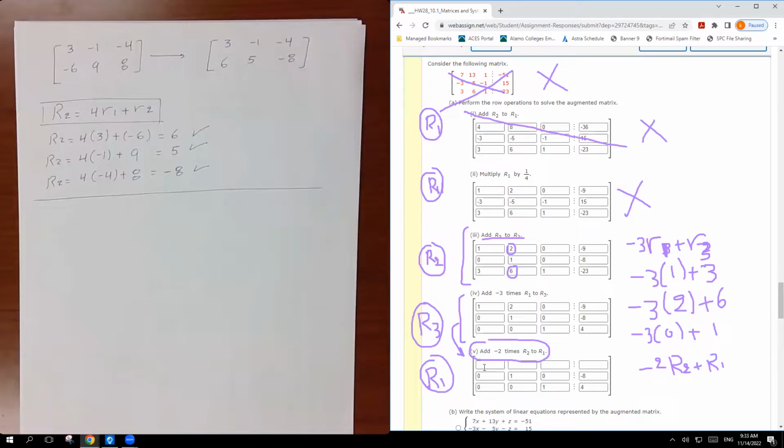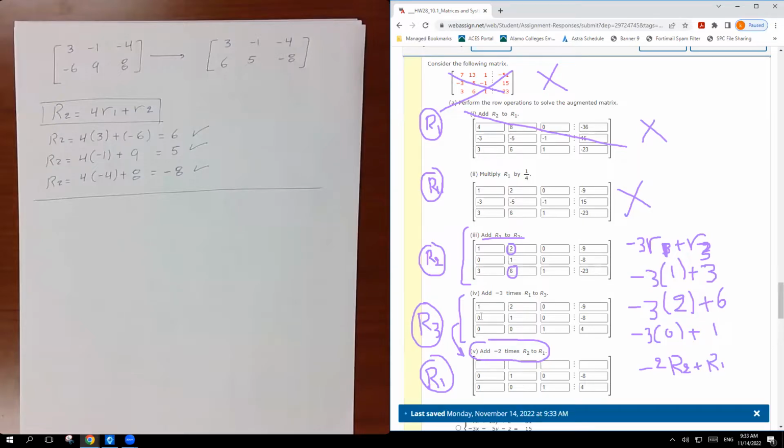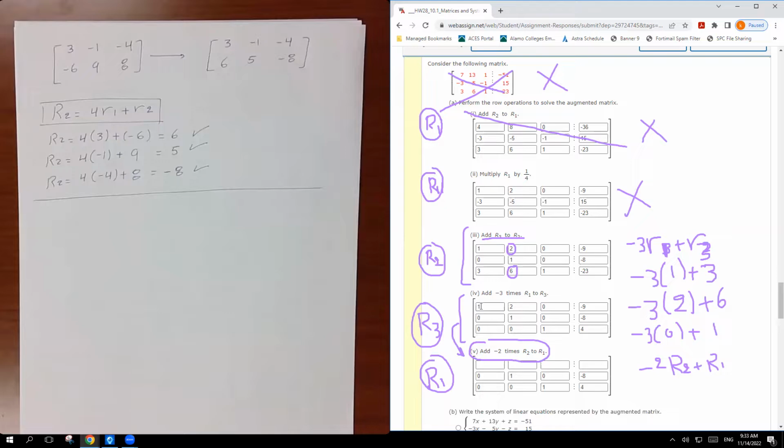So the first element, negative 2 times 0, is going to be 0. 0 added to 1, so this number is still 1. Now, negative 2 times 1 is going to be negative 2. Plus 2, the new element here is going to be 0.